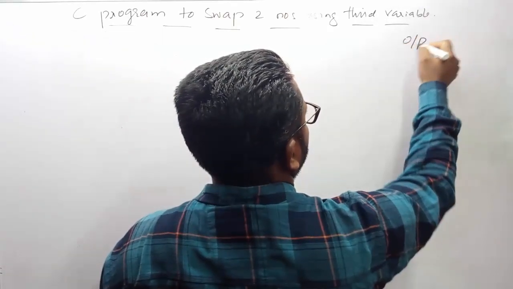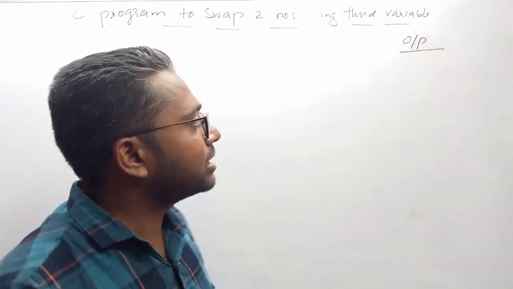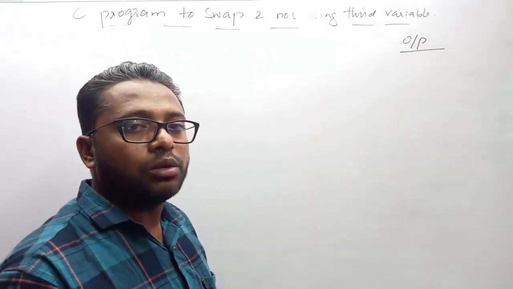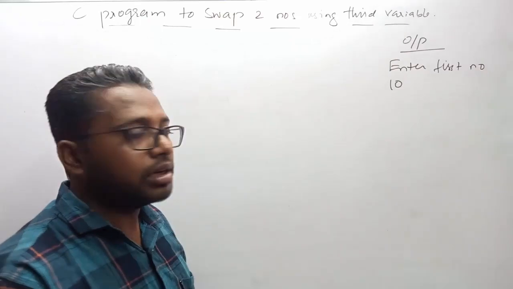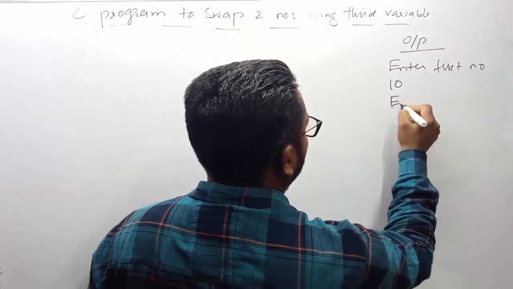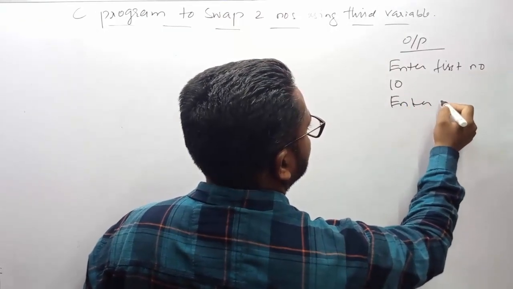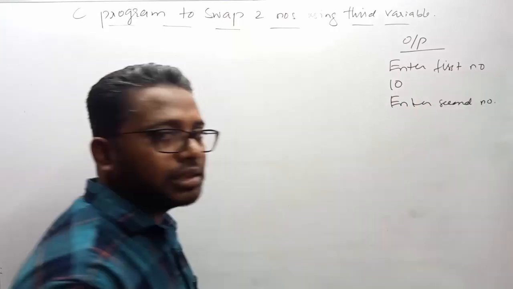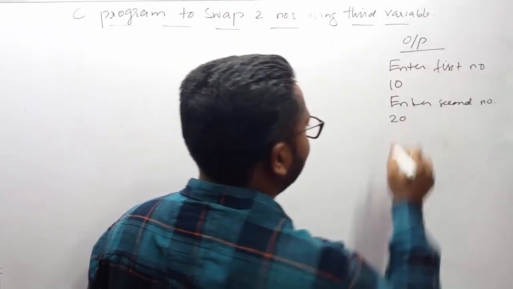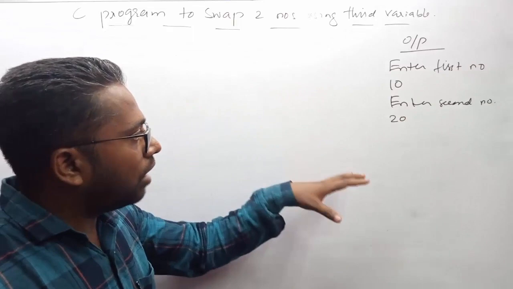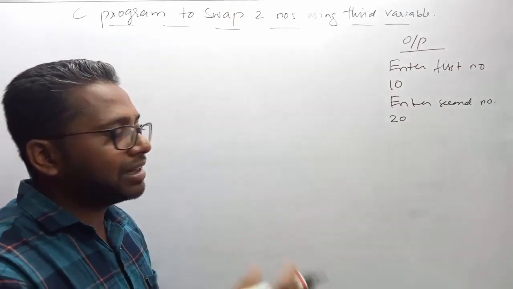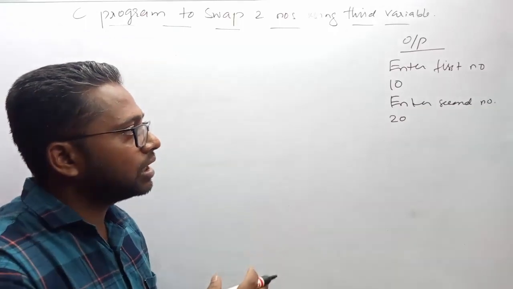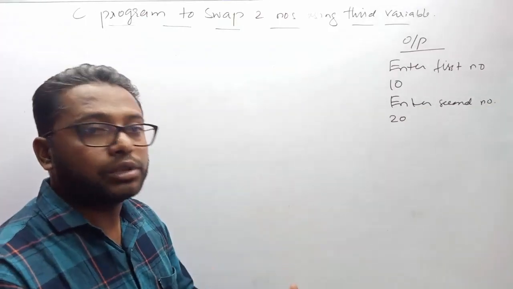Output. When this program gets executed, it asks the user to enter two values. Then the user will enter a number 10. Then again it asks for the second number, and the user enters 20. Now, after accepting values from the user, I want to display the values of both the variables before swapping and after swapping.